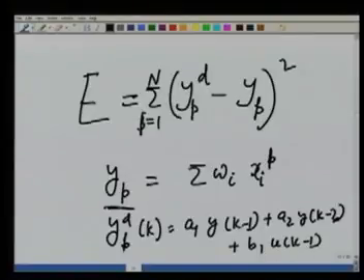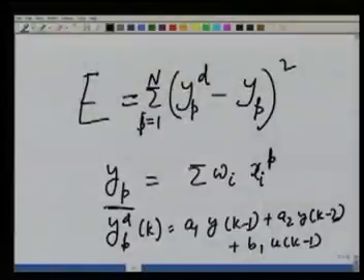So, this is my actual system, and this actual system gives me a value ypd k, and the neural network provides me yp corresponding to these values yk minus 1, yk minus 2, uk minus 1, at a specific instant k. So, what is the objective?